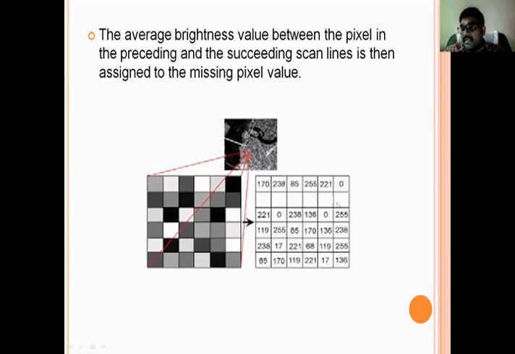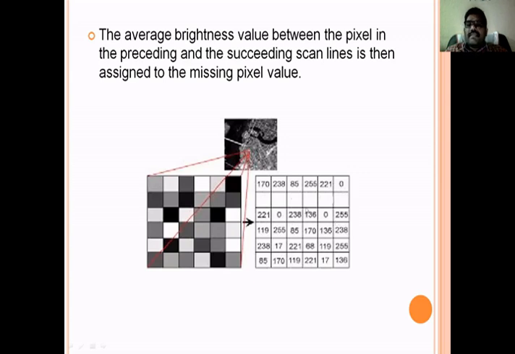That is the reason we can remove this missed scan line by replacing it with the digital numbers which we got by averaging the previous line and the subsequent line.